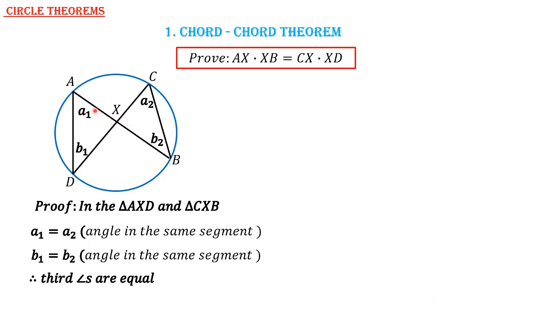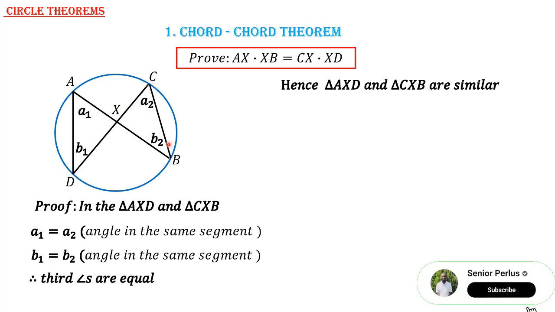That's the third angles are equal. Since the third angles are equal, hence triangle ASD, this triangle, and triangle CSB are similar. And we have talked about similarity. Do you remember? Yes. And we are saying that for the similarities, we will take the ratio. Since they are similar, the ratio.